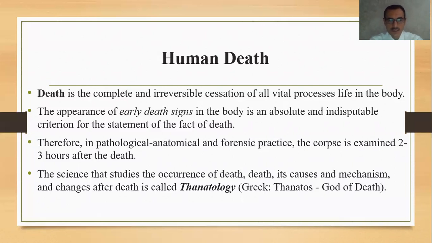Therefore, in pathological, anatomical, and forensic practice, the corpse is examined 2-3 hours after the death. The science that studies the occurrence of death, its causes and mechanisms, and change after death is called thanatology. That is taken from the Greek Thanatos. This is the god of death.